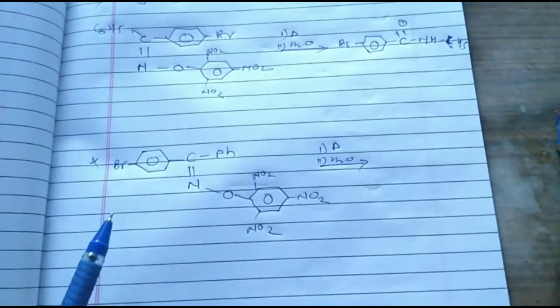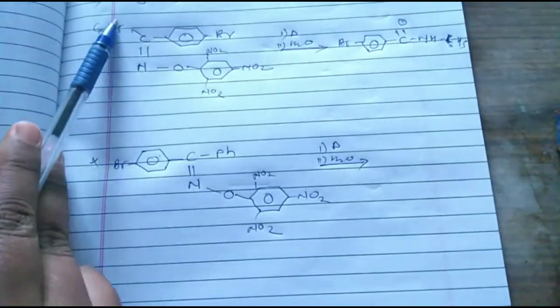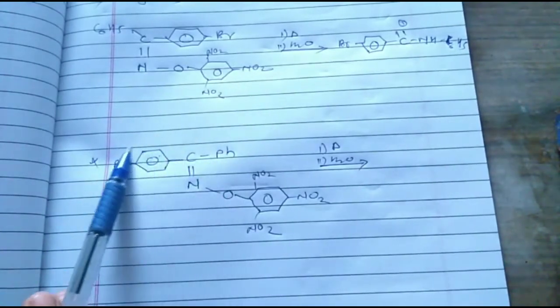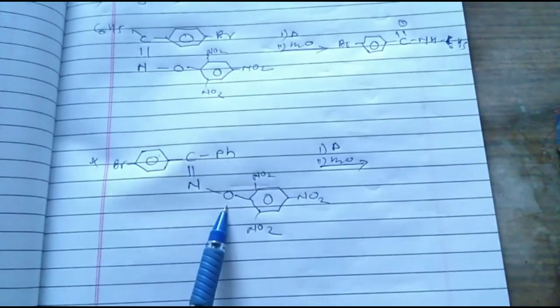Okay, and in this other reaction, these are the same compound. But in the first case this phenyl group is anti to this OH, and in the second case this bromobenzene is anti to this OH group.